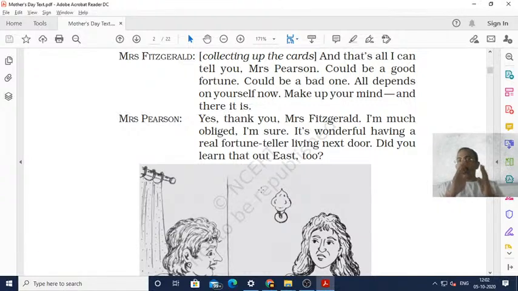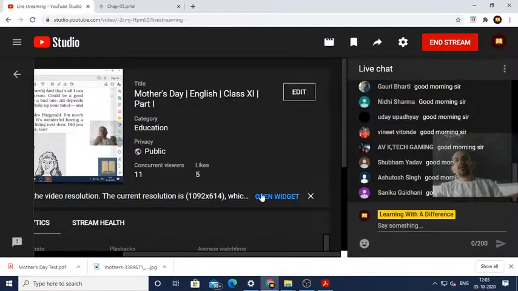She is a worried-looking woman, whereas Mrs. Fitzgerald is strong. She is older than Mrs. Pearson, and she gives the idea of a very strict and sinister kind of a lady. So now let's see what the conversation between Mrs. Pearson and Mrs. Fitzgerald is all about.